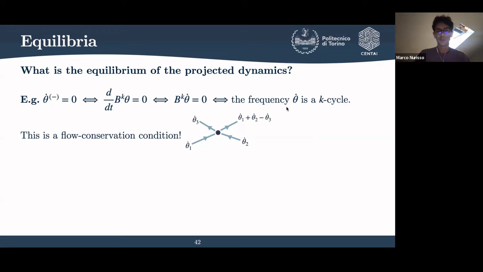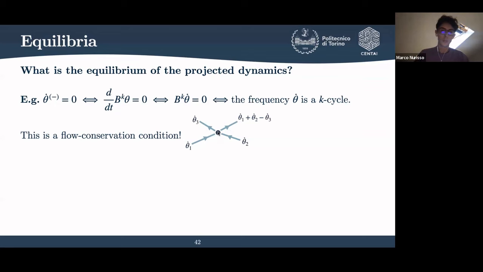This means that, as I told you, it is a flow conservation condition, in the sense that at every k minus 1 simplex, all the frequency coming in needs to go out. And you can see it very well when you have k equal to 1, so phases on the edges. All the frequency coming into a node needs to go out.